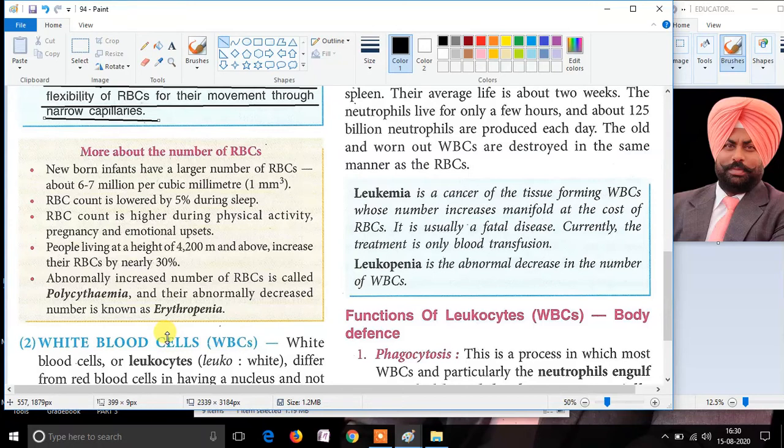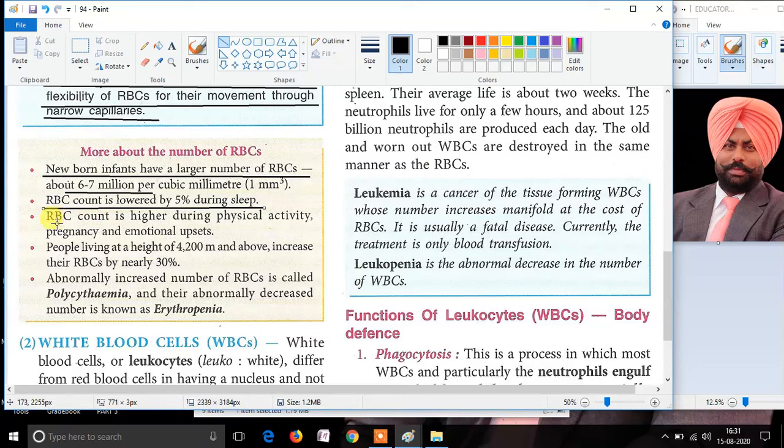A few things more about RBCs are that a newly born infant has a much higher count of RBCs per cubic millimeter of blood. It's near about 6 to 7 million RBCs. While a person is sleeping, RBCs decrease by 5%.